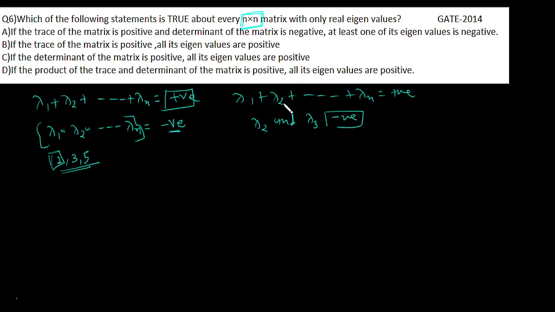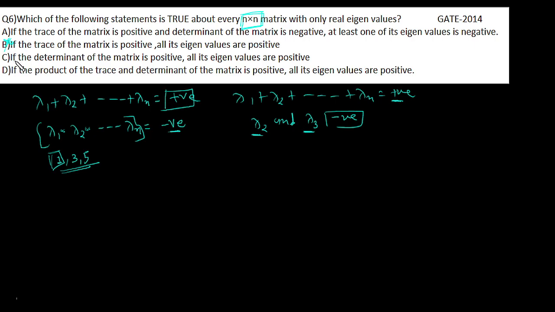If the sum of the remaining n minus two values is greater than the sum of these two, then we still get a positive sum, but two eigenvalues are negative, and the statement says all eigenvalues must be positive. So option B is the wrong statement about the eigenvalues.